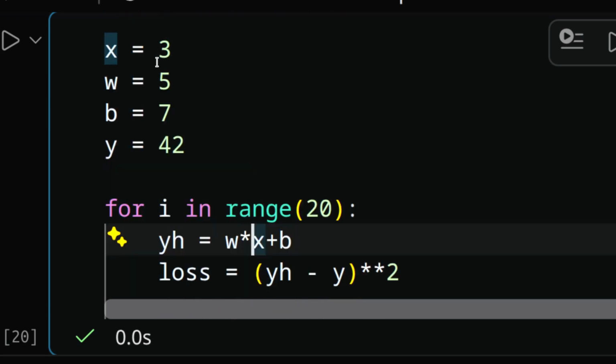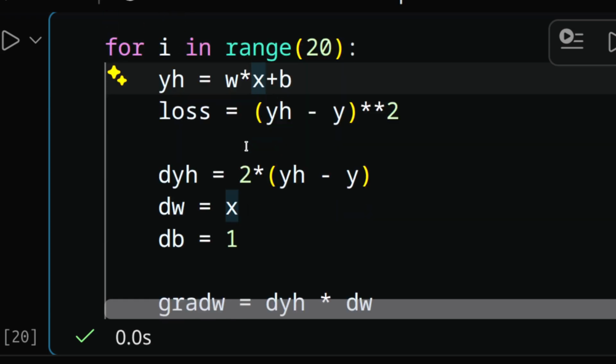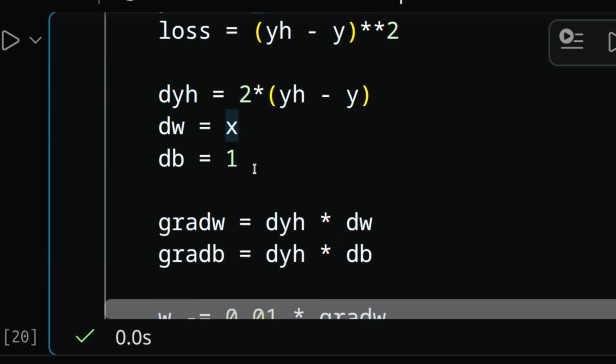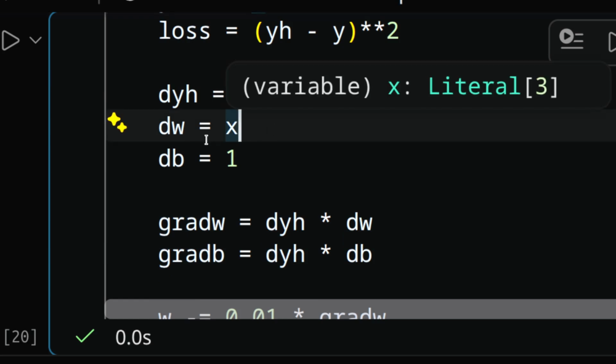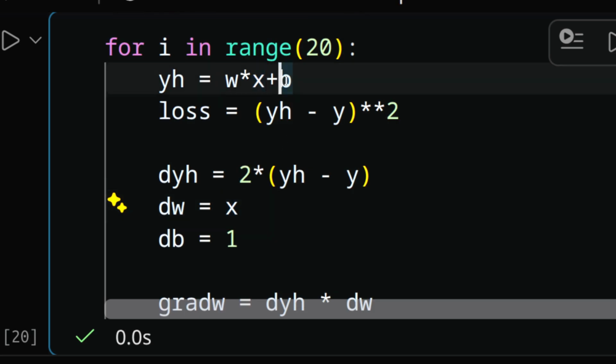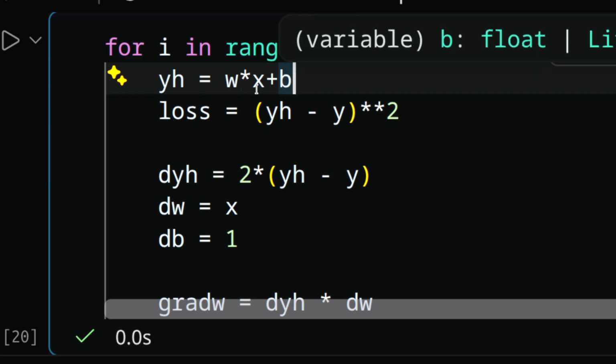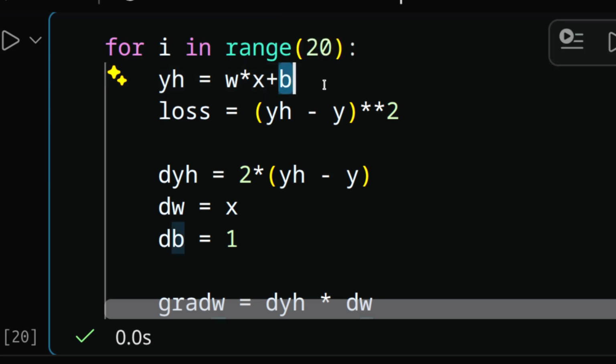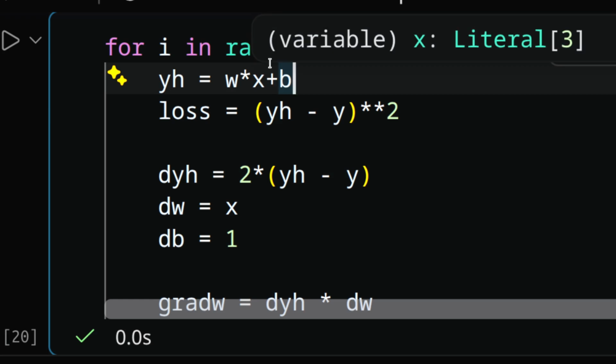And that value doesn't change because it's the single input that this is training on currently, or whenever I run it. So down here, the derivative of the bias is 1, because the derivative of addition is 1. Because if I slightly increase this, then the end result increases by 1 times that amount.